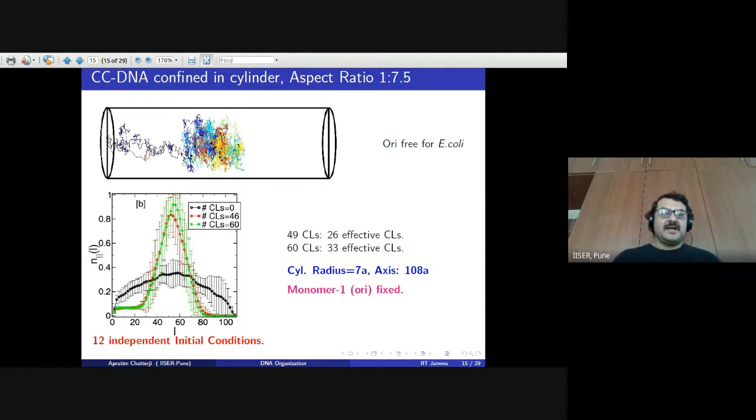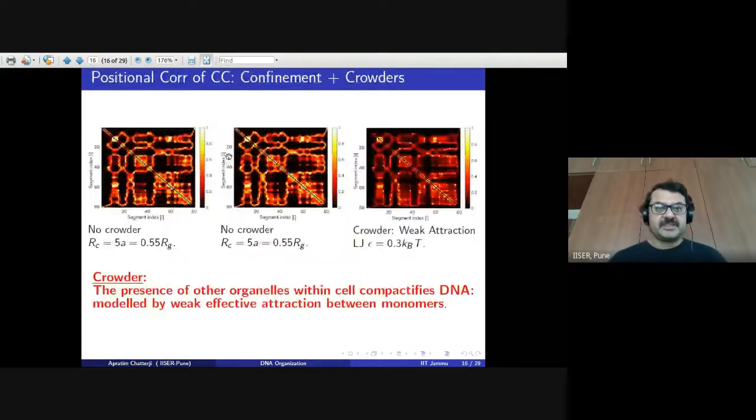Whereas for E. coli, there is no such constraint. We just put in the crosslinks at the appropriate positions, and we again plotted the positional correlations in the absence of crowders and in the presence of crowders. So now, what are crowders? In the cell, other than the DNA, there are many other organelles, many other molecules, ribosomes, mitochondria, many other things.